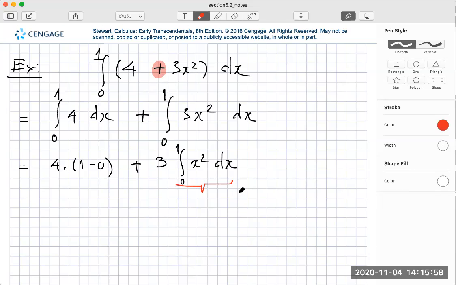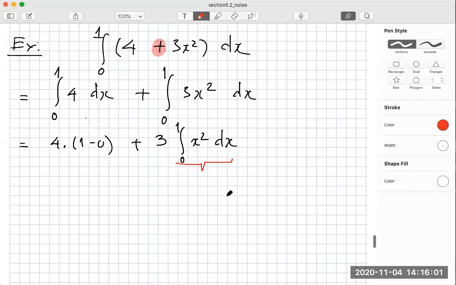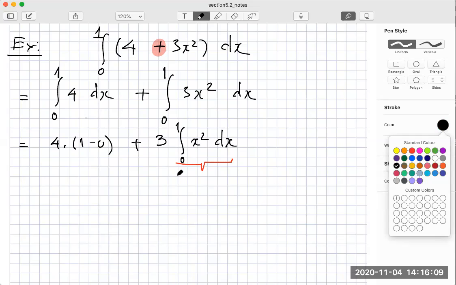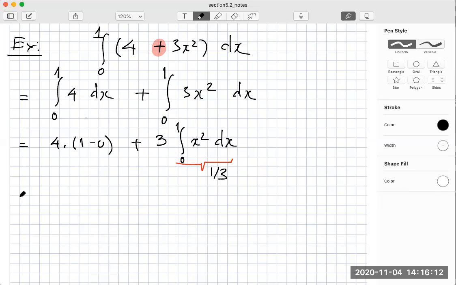You can write the definition in limit form and apply the formula, and we will see this is 1 over 3. Therefore, in the end, it will be 4 times 1 plus 3 times 1 over 3, which is 4 plus 1, and 5. Okay? This is an example of using these properties.